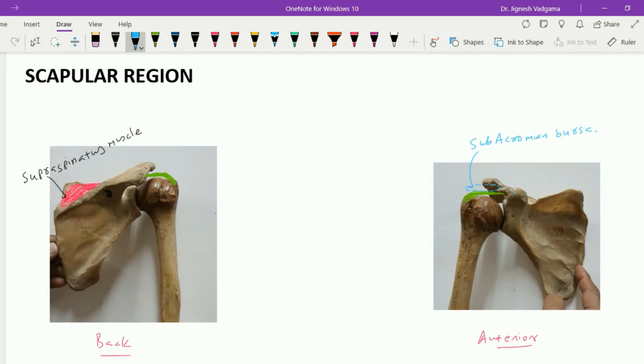What should be the action of this supraspinatus muscle? When this supraspinatus muscle contracts, it will lead to abduction of the humerus. But the abduction of the humerus, or abduction of the shoulder joint, we can assess in three stages: 0 to 15 degrees, from 15 to 90 degrees, and more than 90 degrees. The 0 to 15 degree abduction of the shoulder joint occurs due to the supraspinatus muscle.